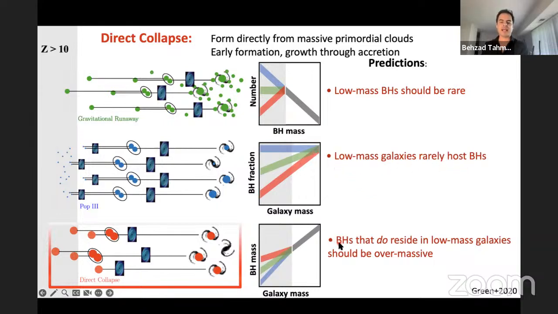The black holes that do reside in low mass galaxies should be overmassive. So if we go to low mass, very compact galaxies, like dwarf galaxies, and we find black holes, those black holes should be overmassive under this scenario.